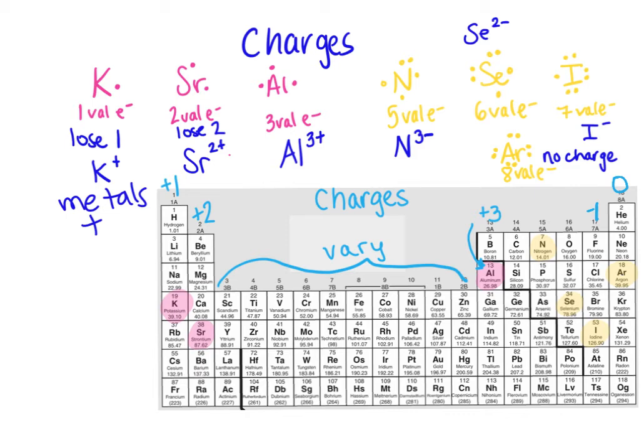Why? Because they have 7 valence electrons. So they're going to gain 1 to complete the octet. Oxygen's group, group 16, is going to have a -2 charge. And the nitrogen's group is going to have a -3 charge. Okay, if you look on your blue periodic tables, you should in fact see the charges there. But it's always good to kind of know the pattern.